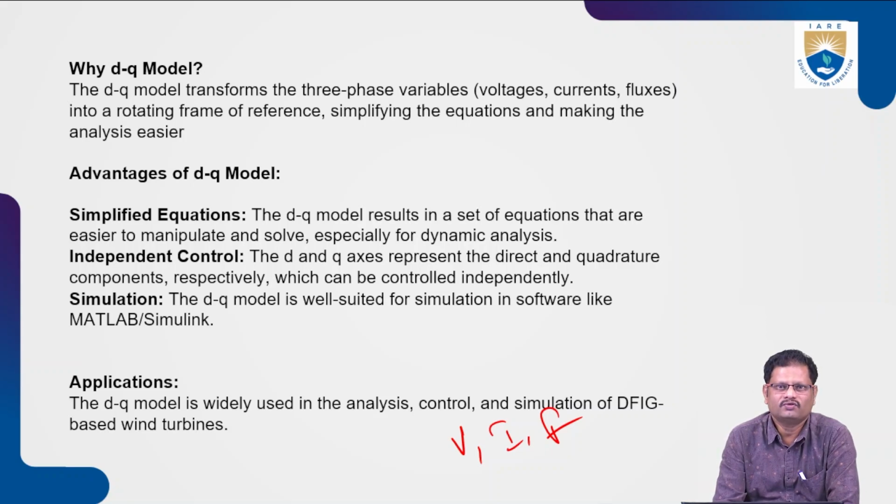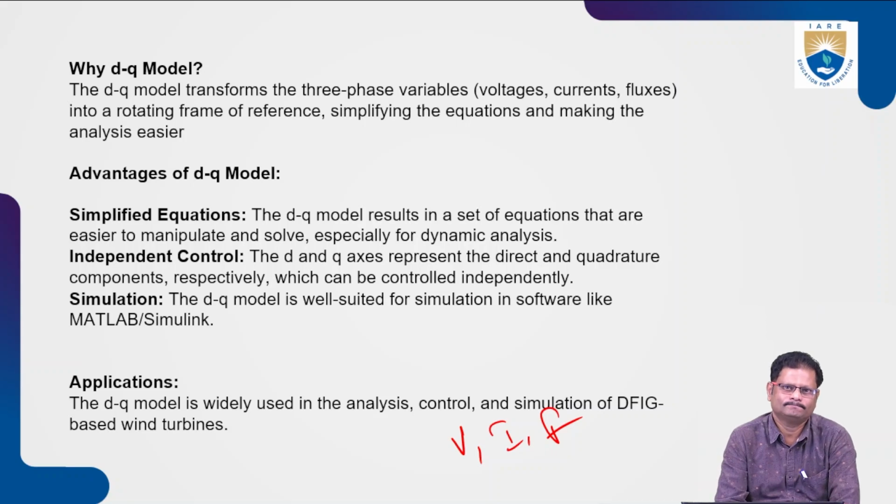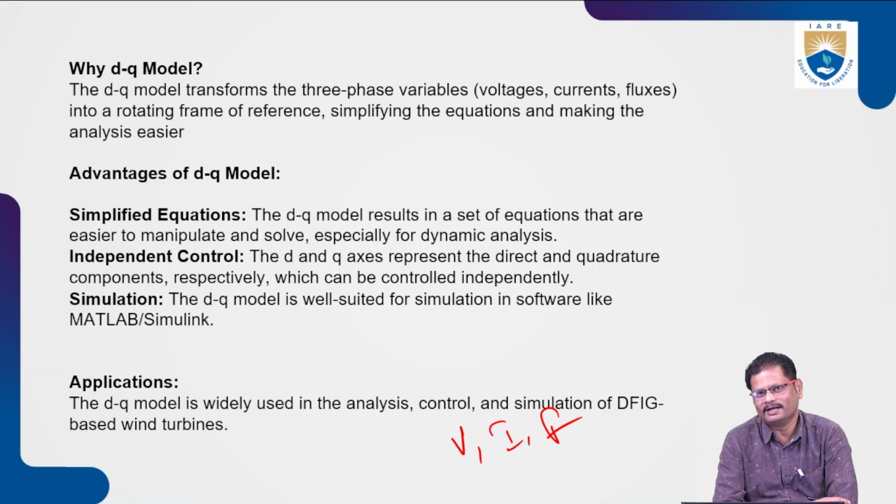So, advantages of the DQ model. Here, a set of simplified equations is easy to manipulate and solve, especially in case of dynamic analysis. And independent control is possible here. The direct and quadrature components can be controlled independently.